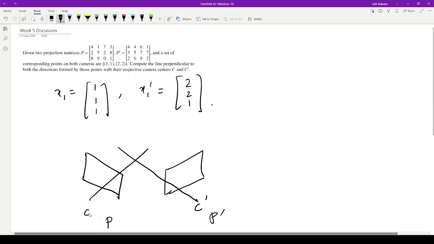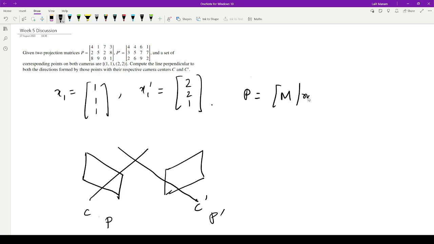So we have two cameras with camera centers C and C prime and the projection matrices P and P prime. Anyone has any idea how to do it? If I represent these camera matrices as small m for P and small m prime for P prime, what is it that we want to do?